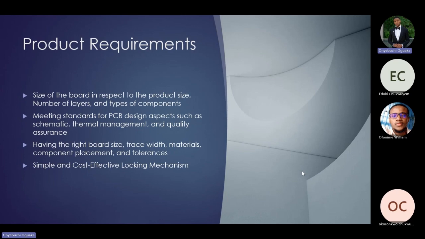Let me recap this whole thing so that it will be smooth. Product quality assurance means the processes and things done to ensure that the manufactured PCBs meet specified quality standards and performance criteria.